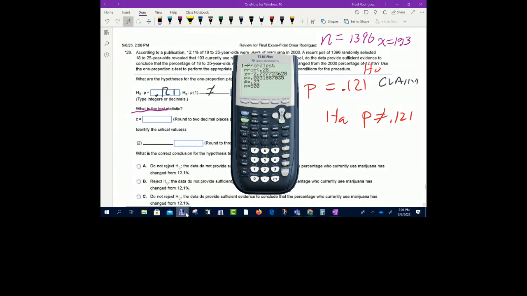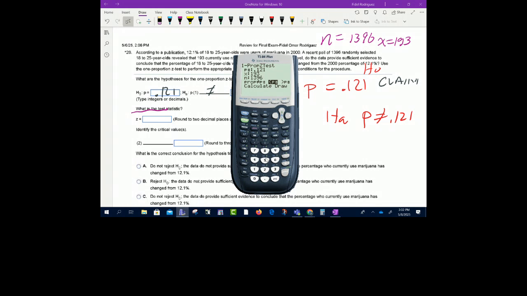So look, y'all, let's come back here. We're going to do the same thing we did before. Let me clear this. Let me go to stat, then test, then number 5. Okay, so in our case, y'all, our p is 0.121. My X is 193. My N is 1396.